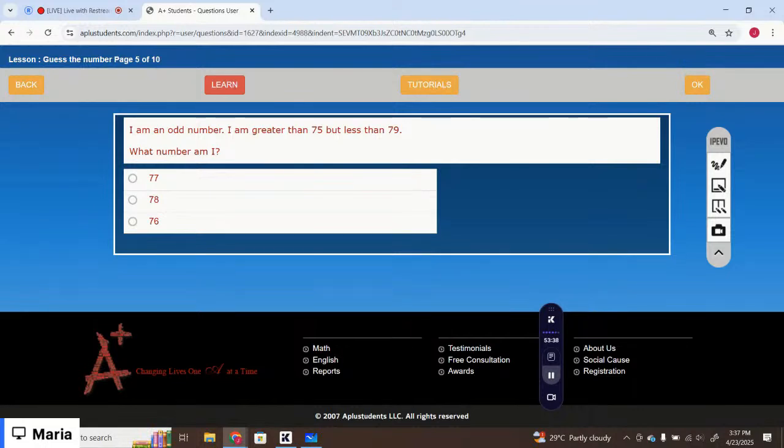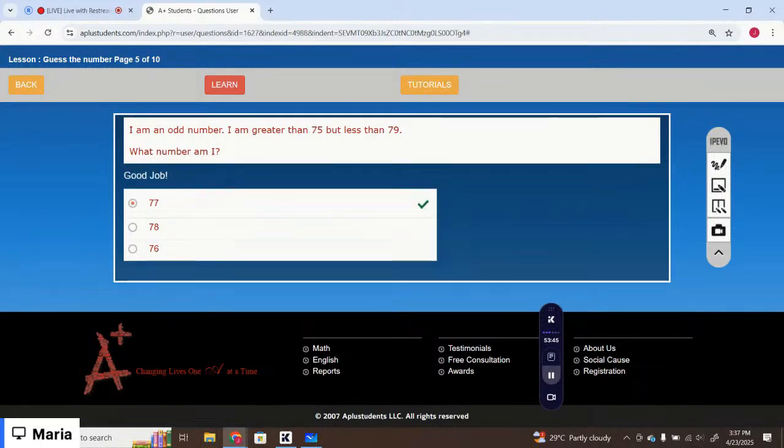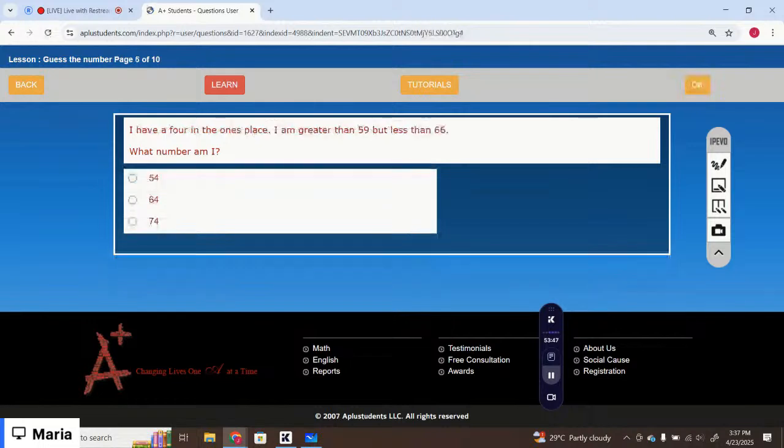Very good, it's 77. Option 1 is the correct option. The only odd number between 75 and 79, right?